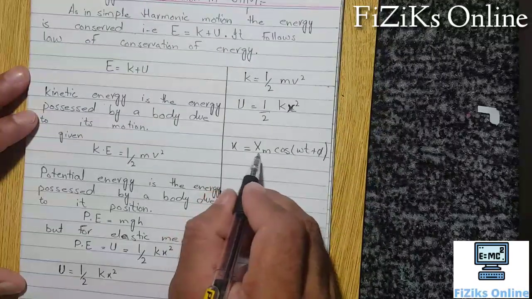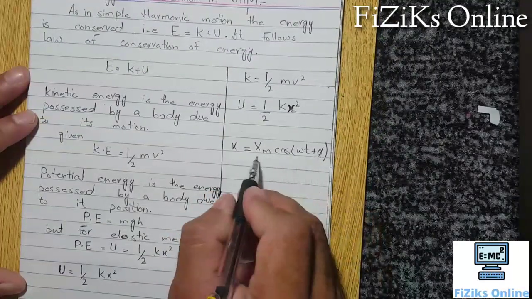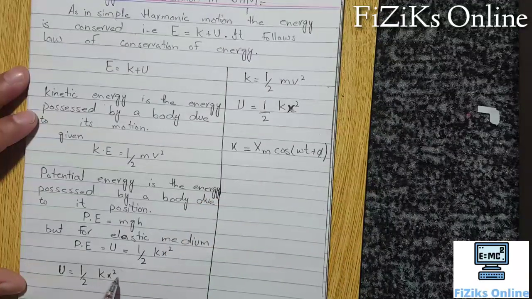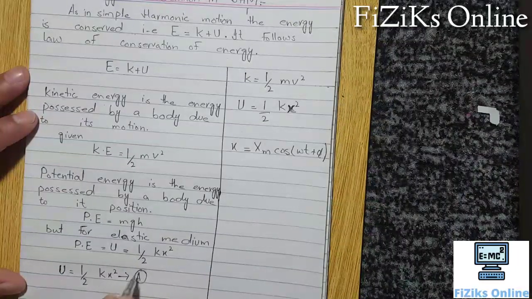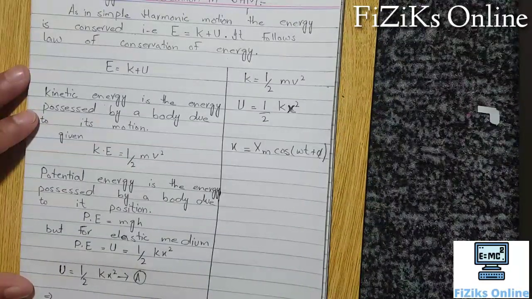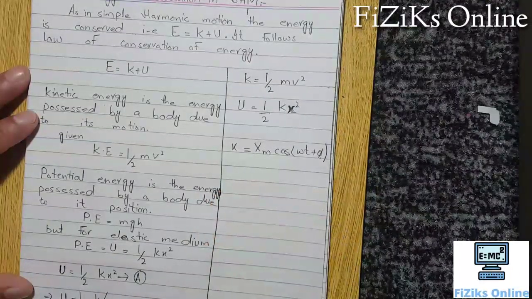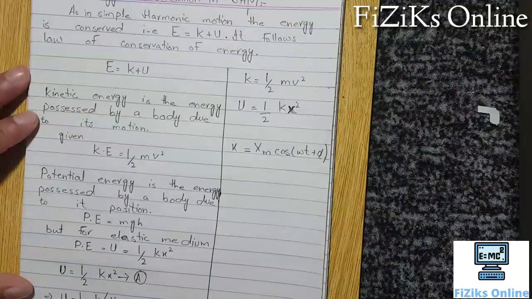So x equals xm cos(omega t plus phi). Plugging in this value of x into this equation, let me give it a name, equation A. So this implies that U equals half k, putting this value of x, xm cos(omega t plus phi) whole square.